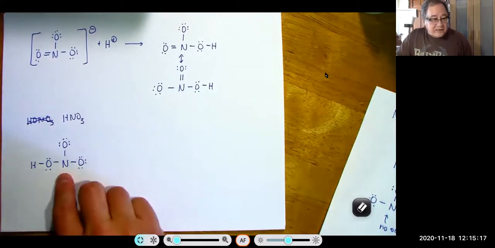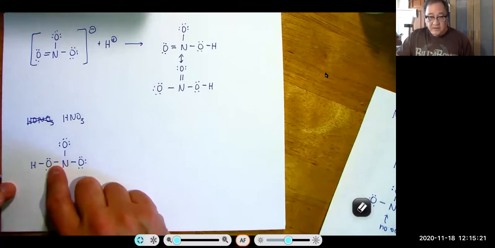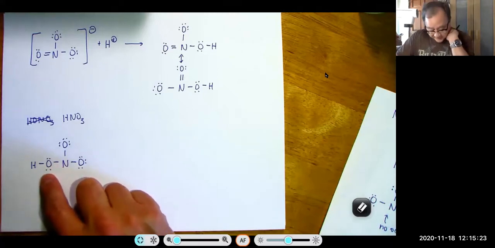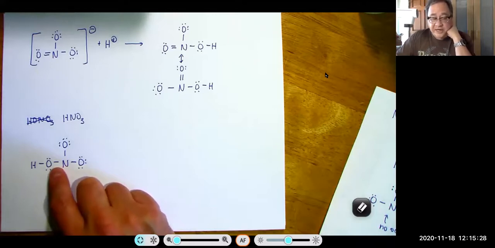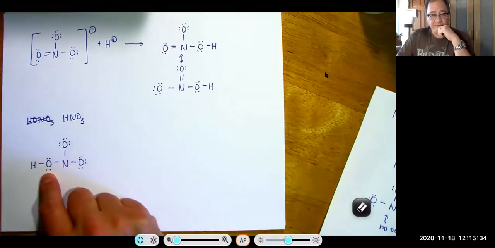So in order to get an octet on nitrogen, I need to take a lone pair and turn it into a bonding pair. So this is a question for you. Do I want to take a lone pair from this oxygen and turn it into a bond between oxygen and nitrogen so that the nitrogen becomes an octet? Do we want to take that lone pair and turn it into a bond? Yes or no?